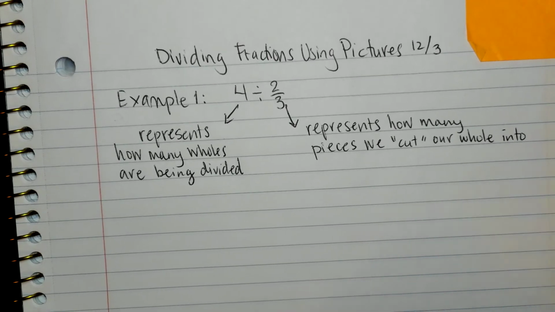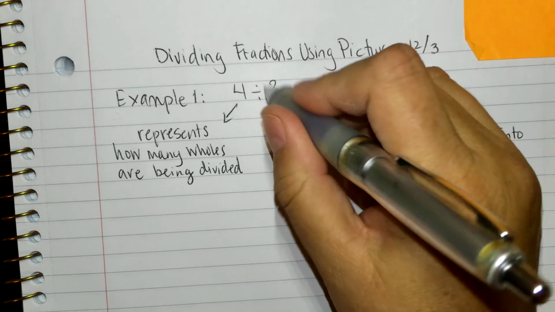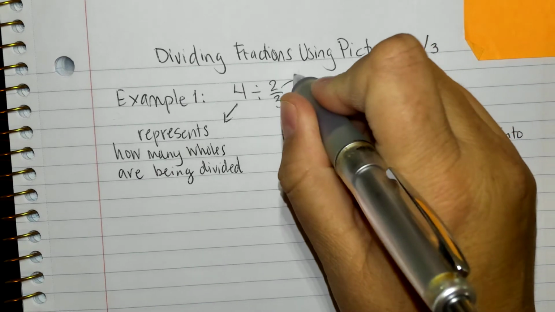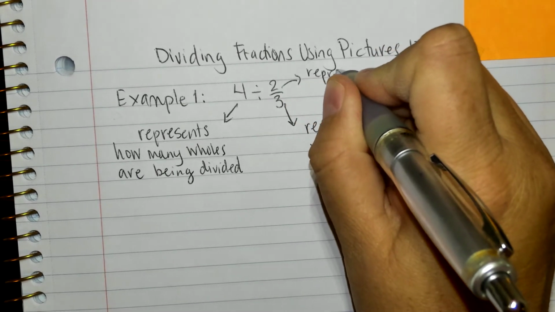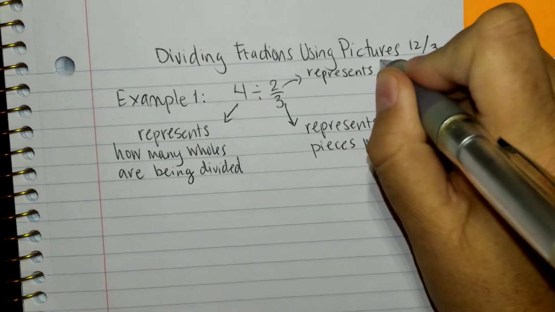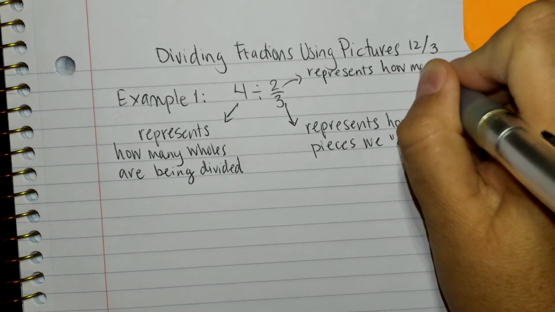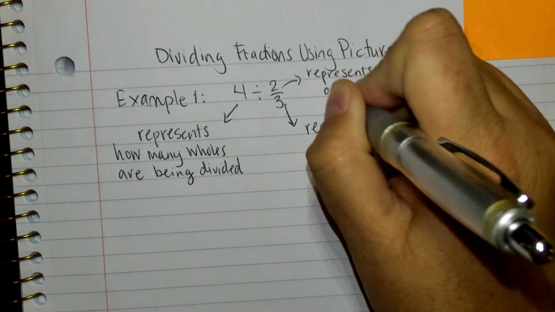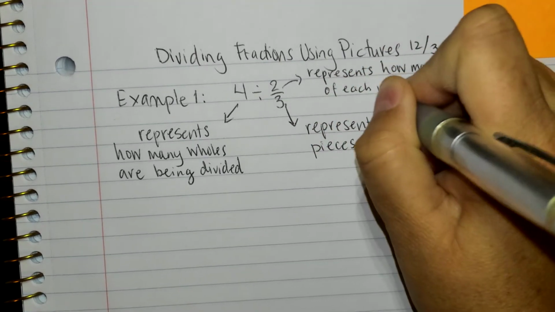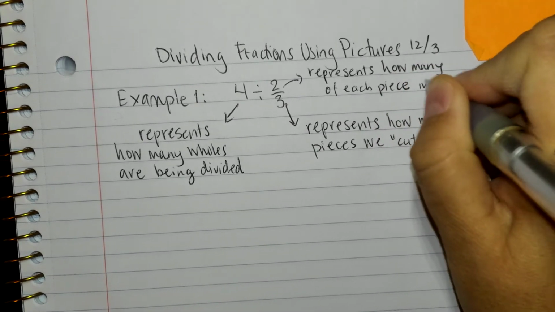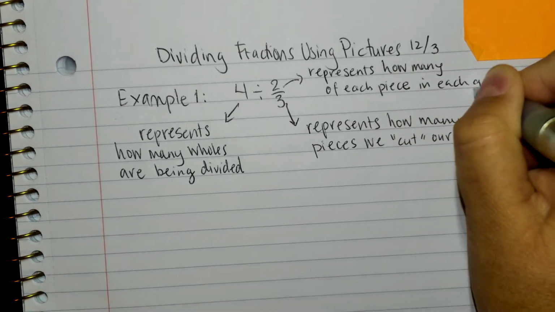And then if you remember, this top number, the numerator, is going to represent how many of each piece in each group.